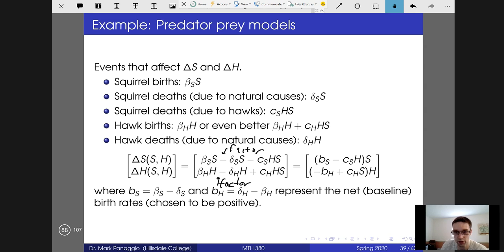They always appear together, and the same thing with beta H and delta H. So if we wanted to reduce the number of parameters, we could certainly do that, and just define a new parameter that is just the difference between the birth and death rates. And as a result, that would get us down to at least 2 fewer parameters that we have to worry about. All right, on to the numerical solutions.